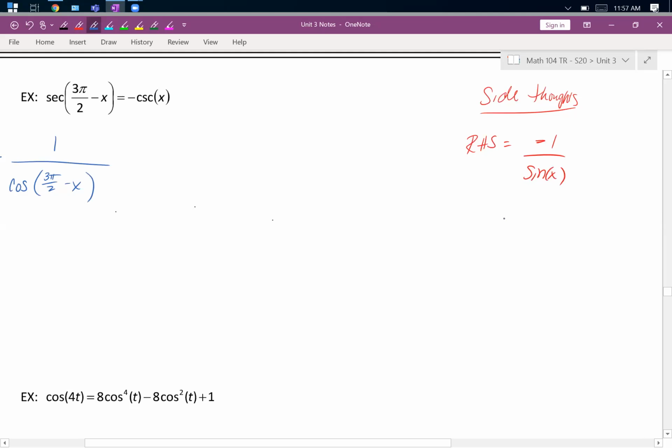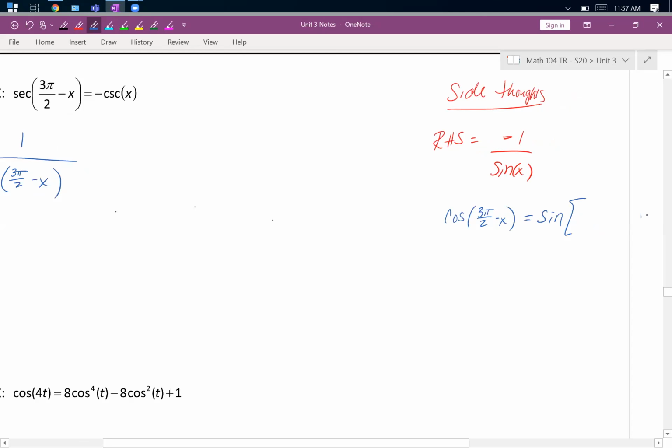Our co-function identity would say that cosine of 3 pi over 2 minus x is going to be equal to sine of 90 minus that argument. Oh, I shouldn't even put 90, right? I should put pi over 2 since we're in radians.